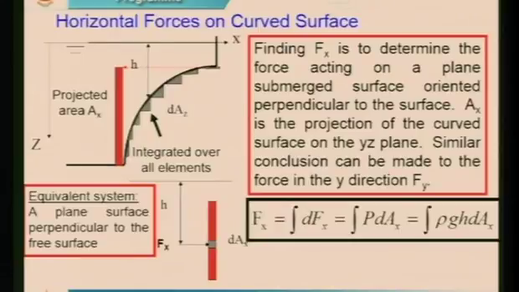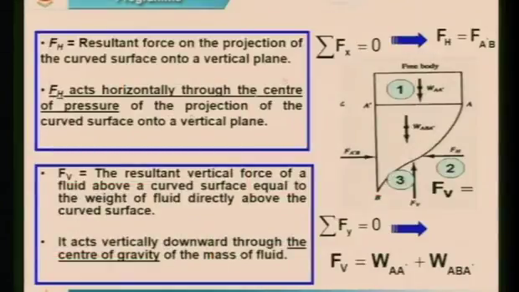So when we solve the problem, you will know how to calculate the x component, how to calculate the y component, so that you will be able to determine the force acting on that. So definitely the horizontal part is the projected part and the vertical part is the weight part. When we solve more problems on this, we will be able to understand better.